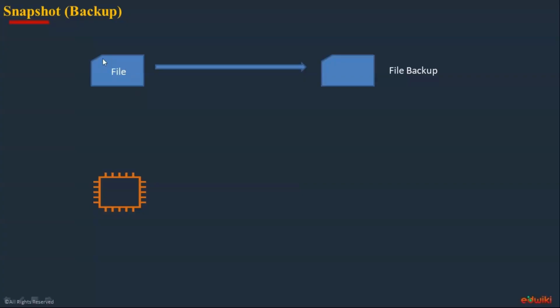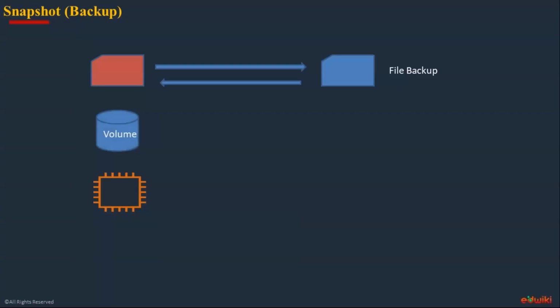If you take a single file as a backup and keep it somewhere else, that is called a file backup. The file backup will help us restore the file whenever the file gets corrupted. So you delete the corrupted file and you create a file back from the backup.